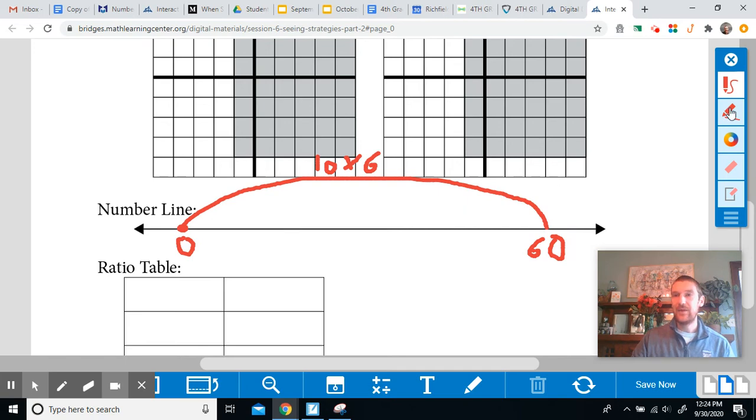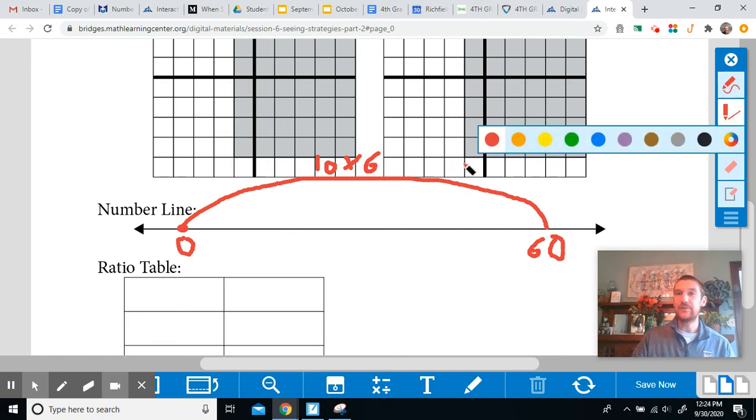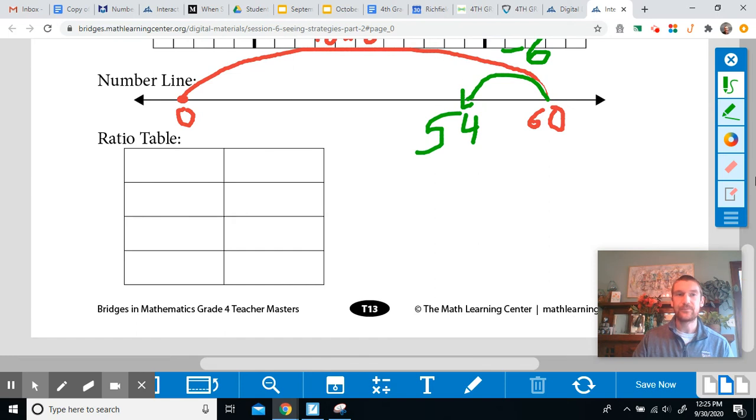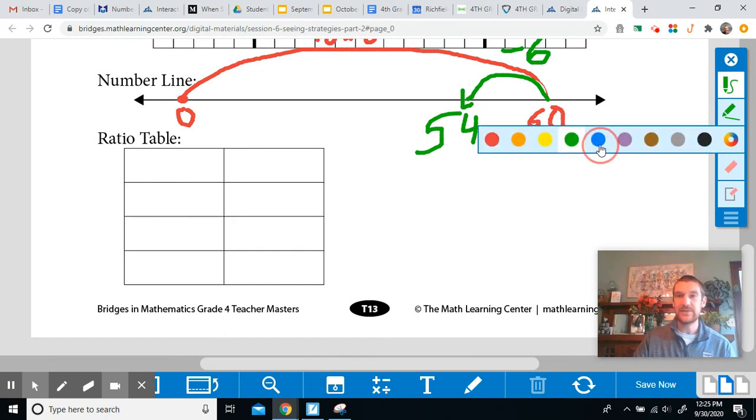All right. But then we got to remind ourselves, nope, we're doing 9 times 6. So let's go back. Let's take away one of those 6s to get to 9 times 6. And that would be 54.